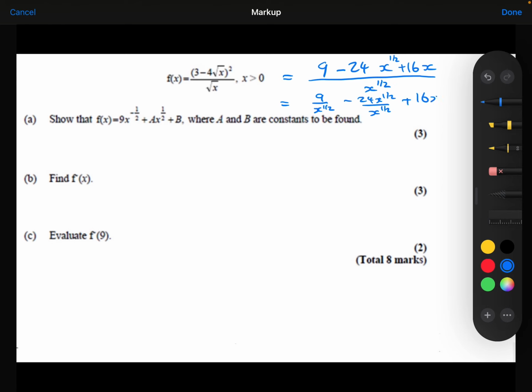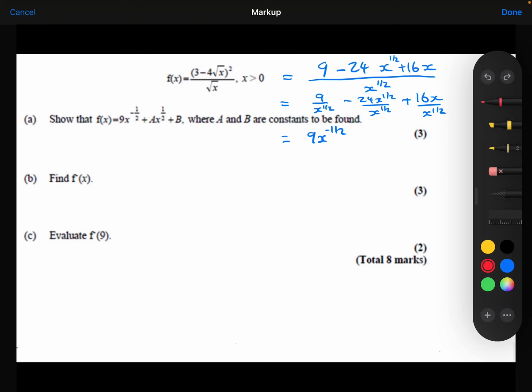And I will also divide the 16x by x to the power of 1/2. The 9 divided by x to the power of 1/2, I can rewrite that as being 9x to the power of minus 1/2, because I've just got the x to the power of 1/2 on the denominator, and I can move that up to the numerator with a negative power.